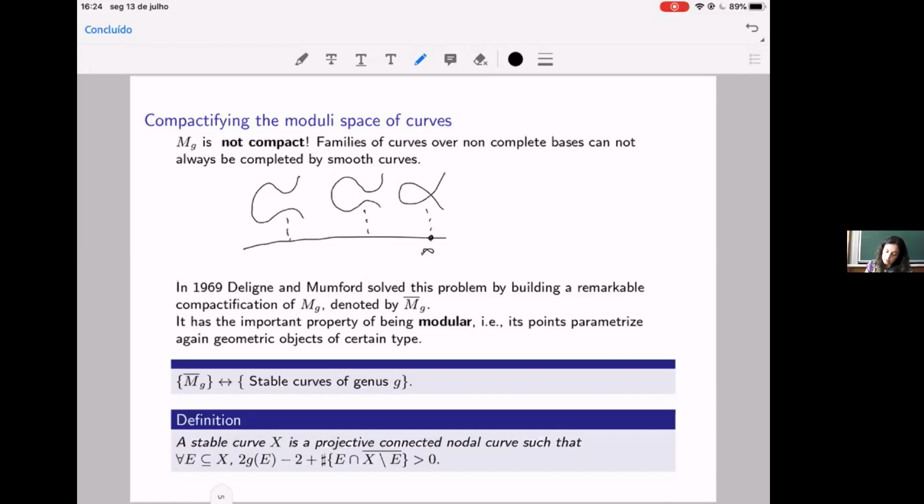And if you want that, you have to ask for some stability condition, otherwise you would get something which is not of finite type.